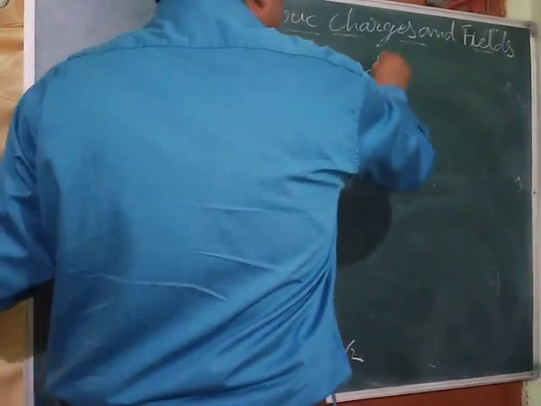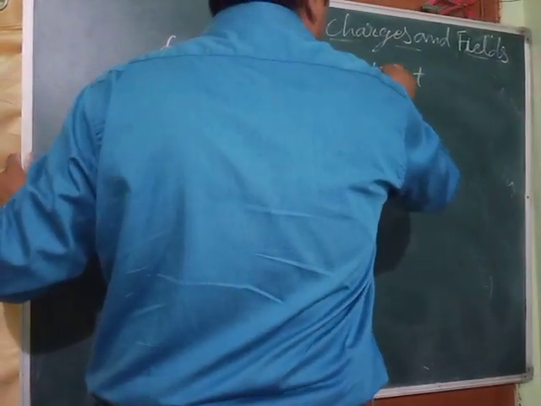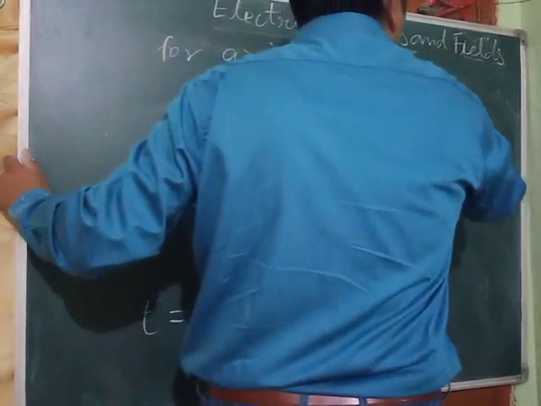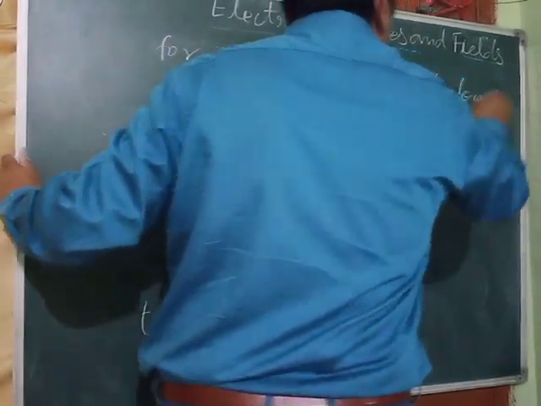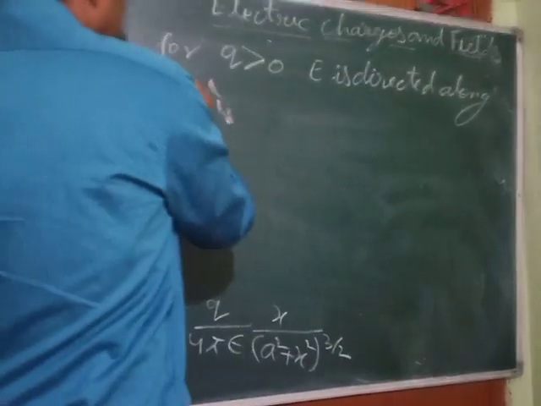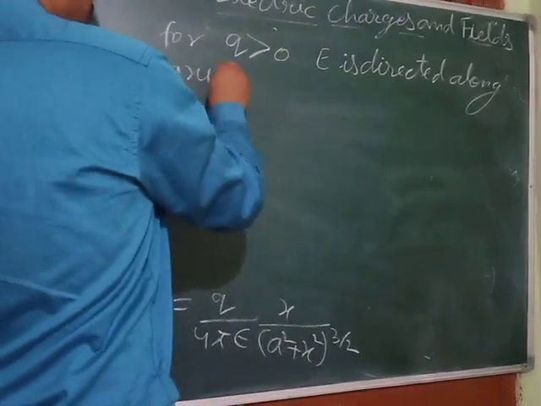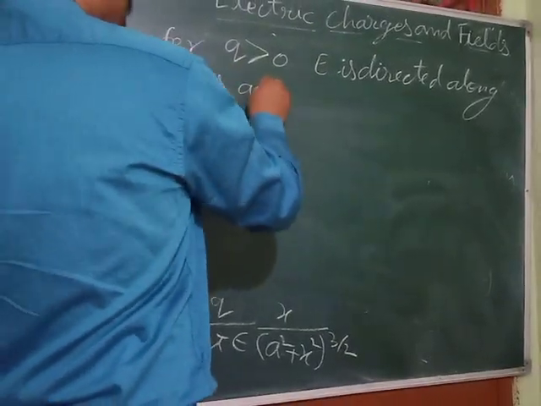E is directed along the axis away from the center.